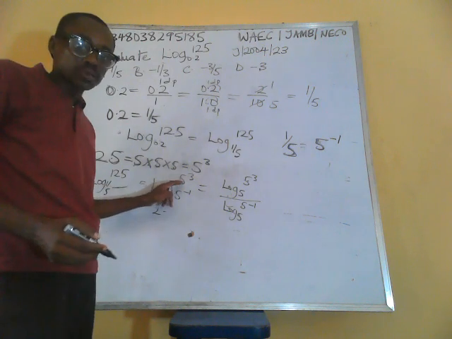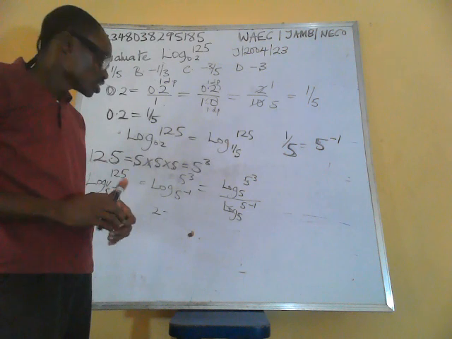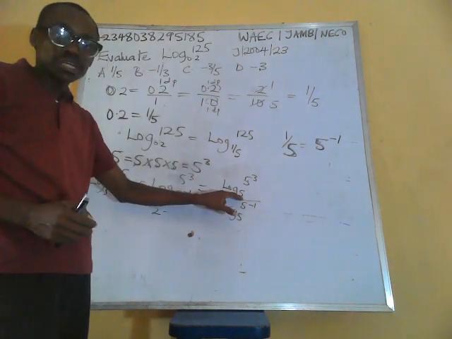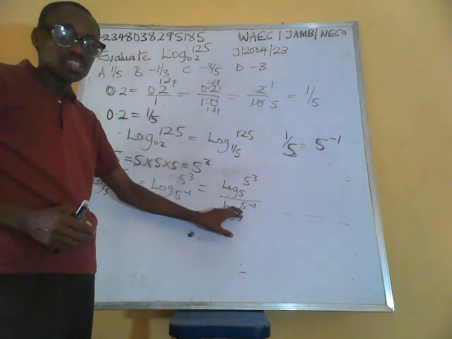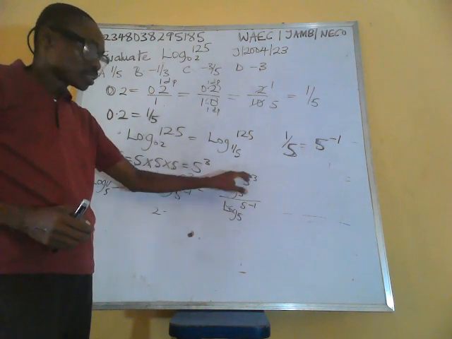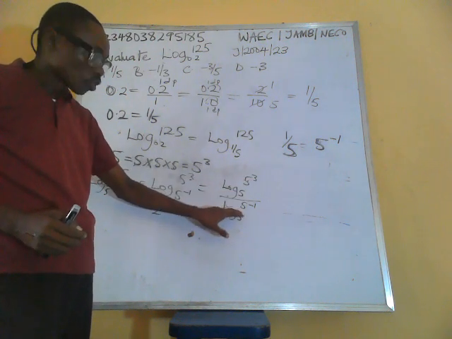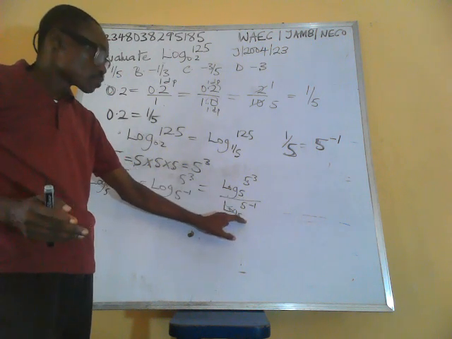They both have base 5, so we're going to use base 5 as our change of base. Base 5 becomes the base in the numerator and the base in the denominator. So we take log of 5 raised to power 3 to base 5 and log of 5 raised to power minus 1 to the same base 5.